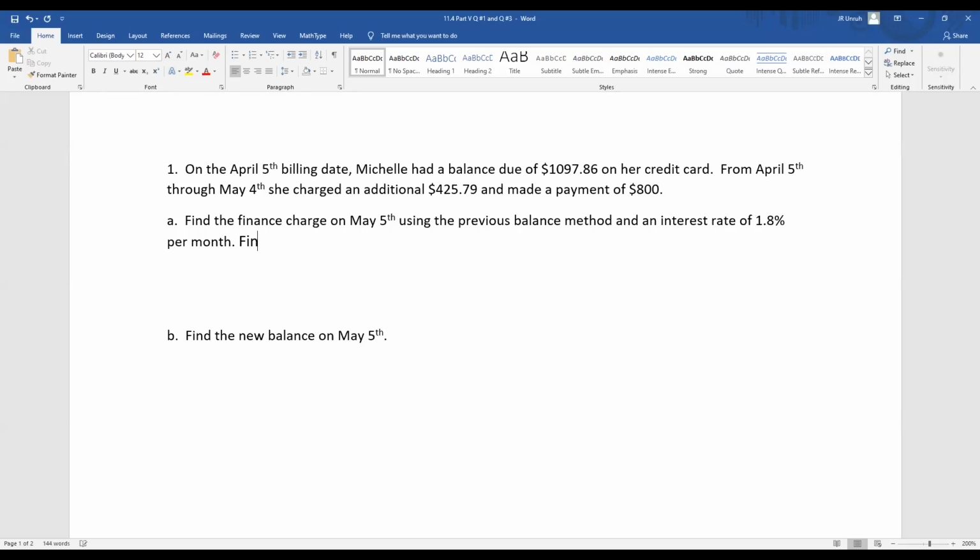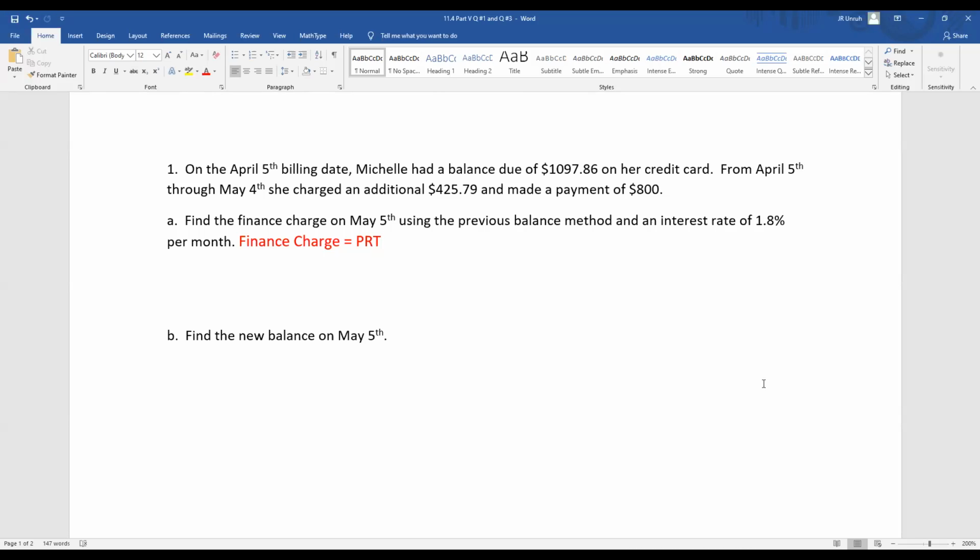Okay, so I'm just going to type a few things in here. The finance charge is going to be equal to the principal times the rate times the time. Now, what's going to be important for you to remember, which is a little bit different than what we've done when we worked with simple interest and compound interest, is that we are given an interest rate of 1.8% per month.